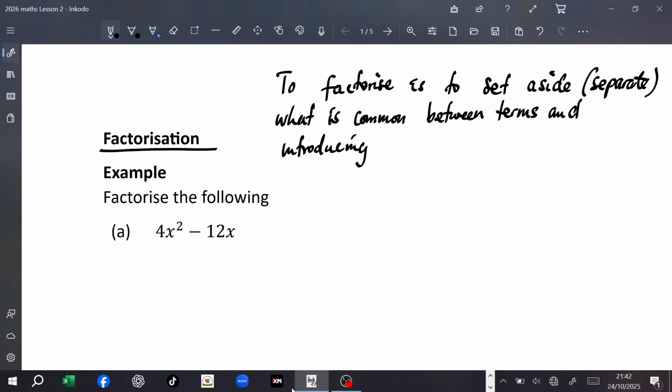So that's what is involved in factorization.